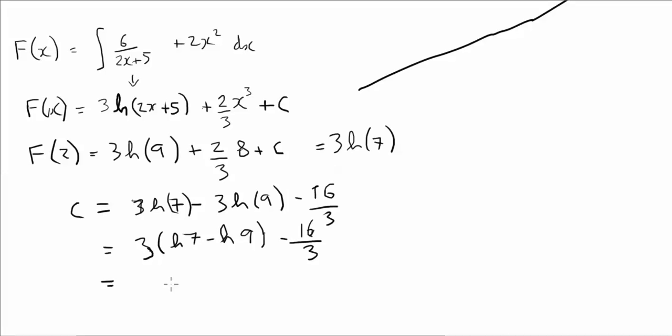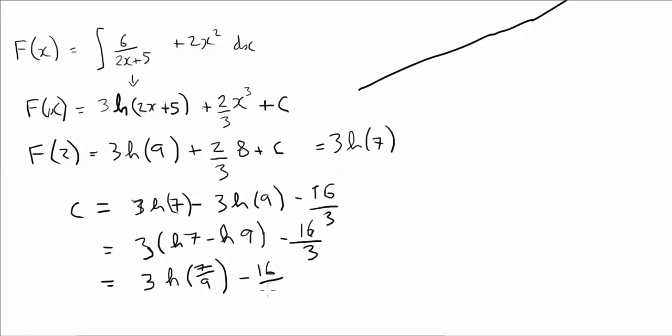Right, I can't see any mistakes in this, but it certainly doesn't look very pretty. I thought it would drop out a bit nicer than this, but I'm just going to tidy this up a tiny bit, as I can write that as ln 7 over 9, remembering our log rules, minus 16 over 3.